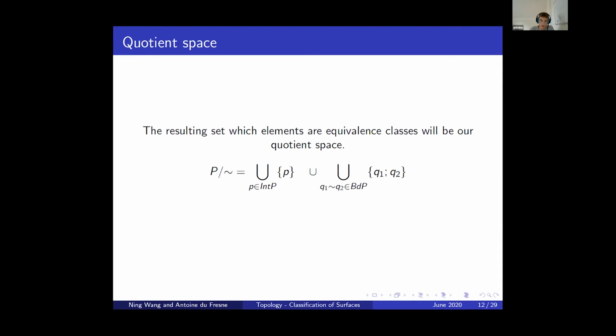So P quotient will be equal to the union of all the points lying in the interior of P, and the union of all the pairs composed of each point on the boundary and its equivalent one through the homeomorphism H. Maybe again, just for this second term: when you say a pair, this pair is just one point in the quotient, right? Yeah. So in the quotient space, it will be one point.